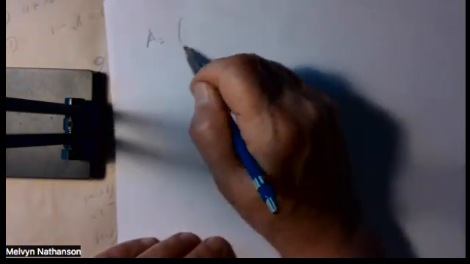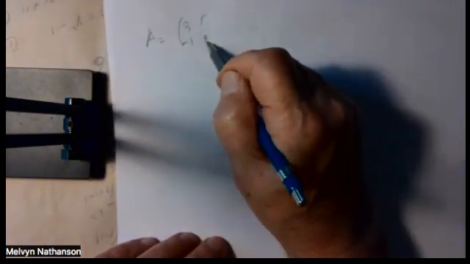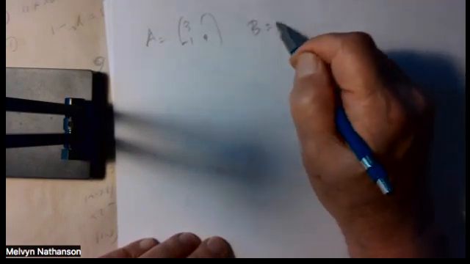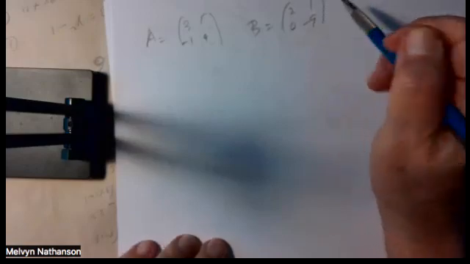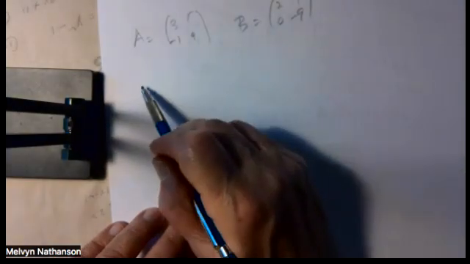Just to make sure that you have the algebra down, suppose I take A to be the matrix 3, 5, minus 1, 4, B to be the matrix 2, 0, 1, minus 9, and do the following calculations right now.